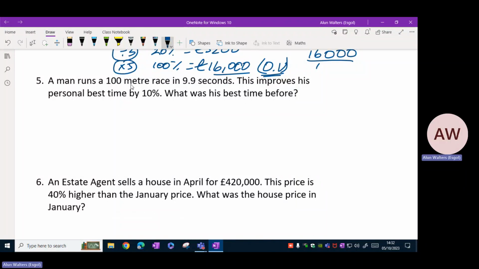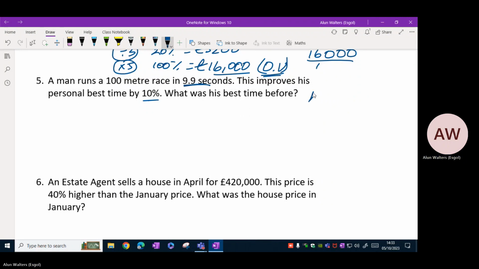Whether he's running a 100-meter race or a 200-meter race is irrelevant. His new time is 9.9 seconds, and this improves his personal best by 10%. Now, when we are running a race, you improve by reducing the time. Unlike when we were throwing a javelin in a question earlier, where you improve by increasing the distance.